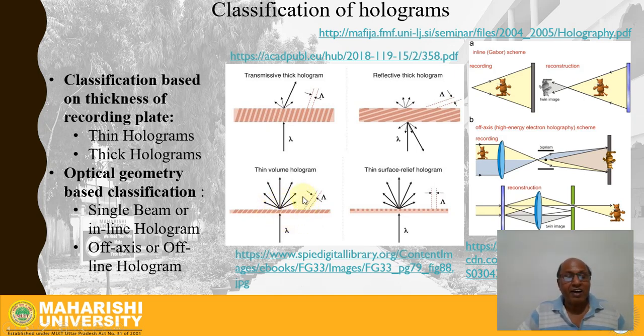In a thin recording plate hologram, you get mostly a two-dimensional interference pattern on the plate, but you don't get much information along the depth of the recording plate. That means any phase information will be available on the plane of the recording plate. So the interference pattern will be mostly two-dimensional.